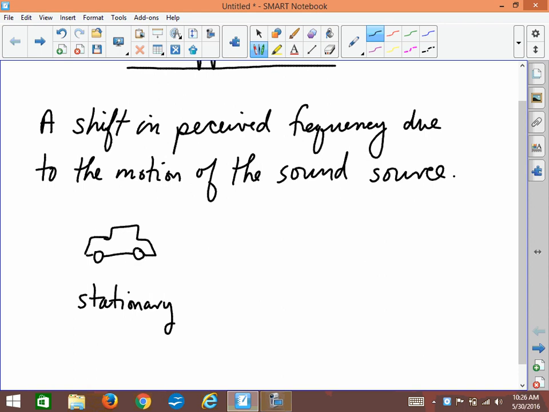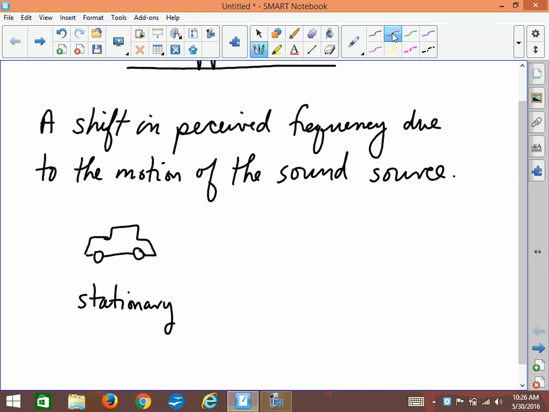Now, the car is going to make a noise. The noise of the car engine is not a very good noise because it's variable and weird. So we're going to think about the car sounding the horn. The horn is going to blow a constant noise. If the driver sounds the horn, then the waves of the horn will sound at a particular frequency.